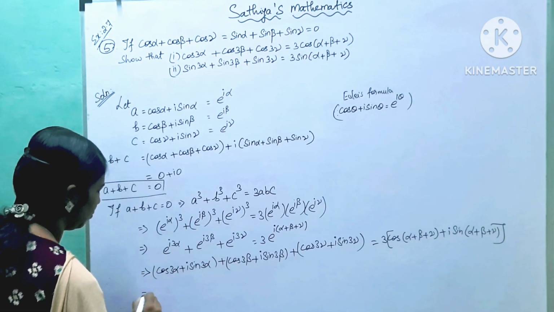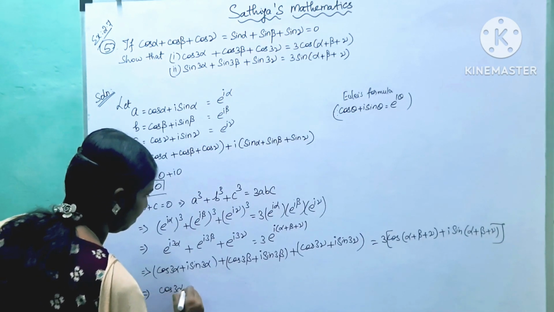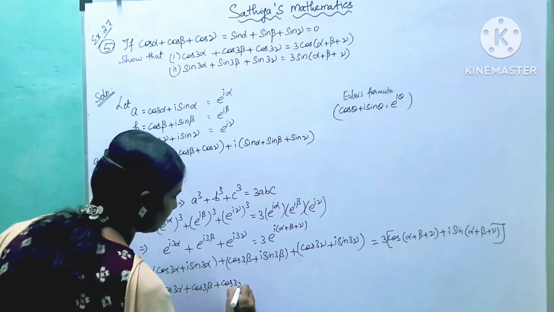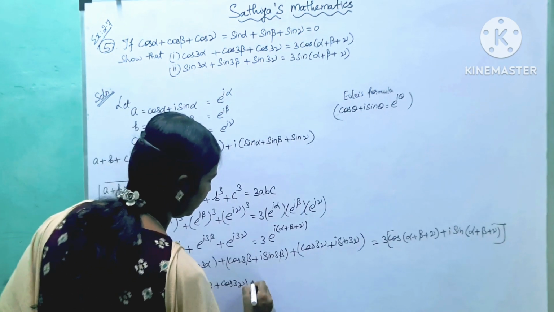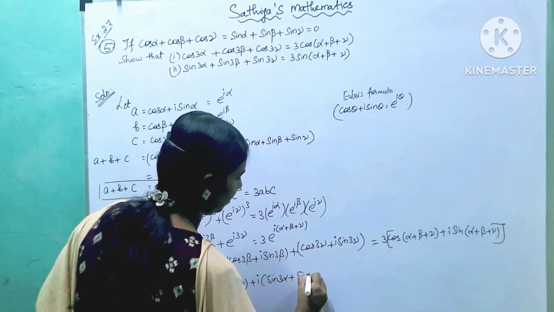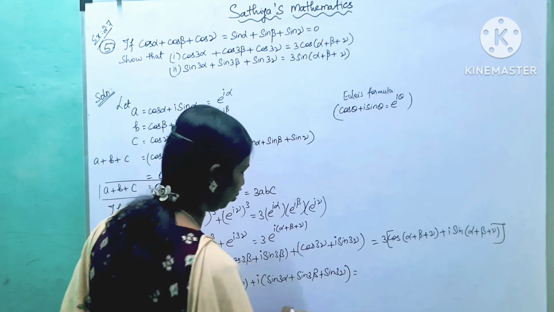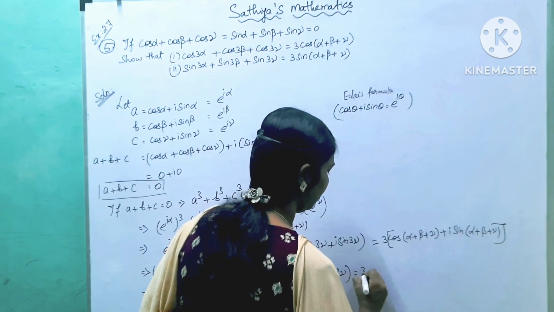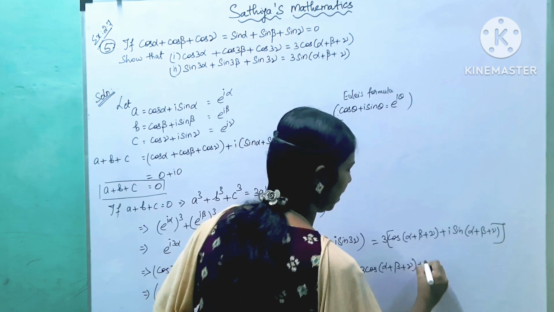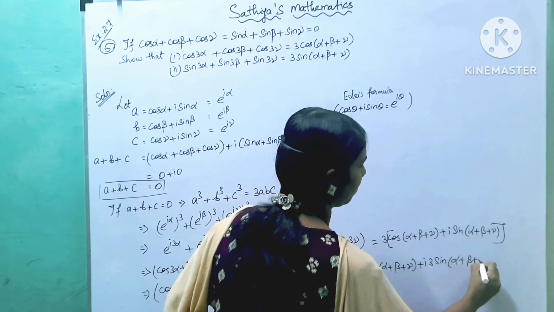So this implies cos 3 alpha plus cos 3 beta plus cos 3 gamma plus I into sin 3 alpha plus sin 3 beta plus sin 3 gamma is equal to, multiplying 3 inside, 3 cos(alpha plus beta plus gamma) plus I into 3 sin(alpha plus beta plus gamma).